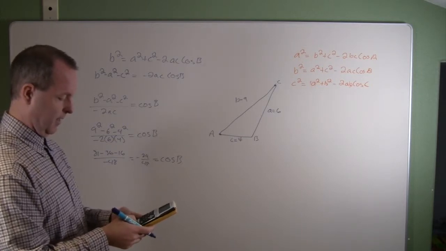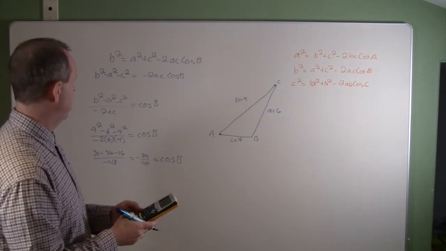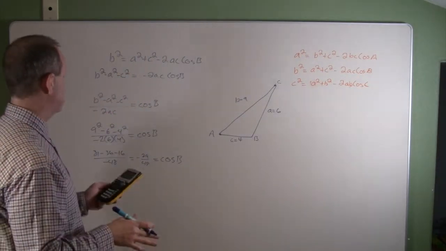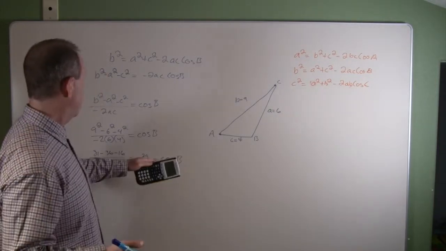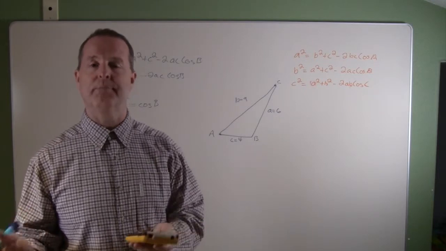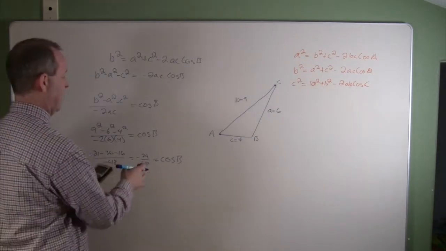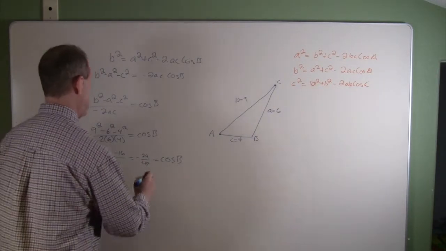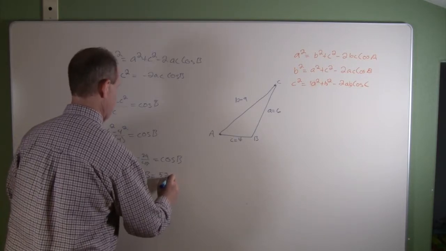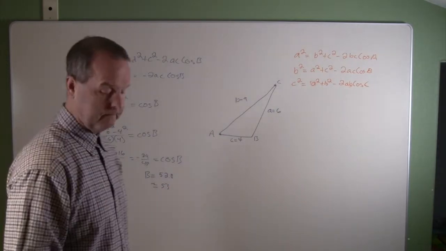I kept fat fingering and putting negatives in there. Since I already know its value is negative, that puts me in the second quadrant, so it's an obtuse angle. I just need to find the inverse cosine of 29 over 48ths, and that equals 52.8. Well, we can round up to 53 degrees for the purposes of what we're doing right now.